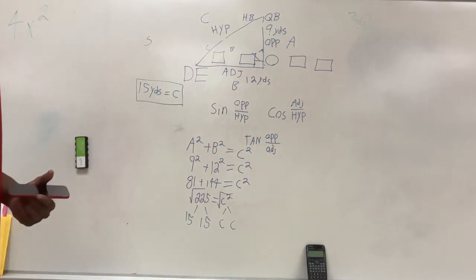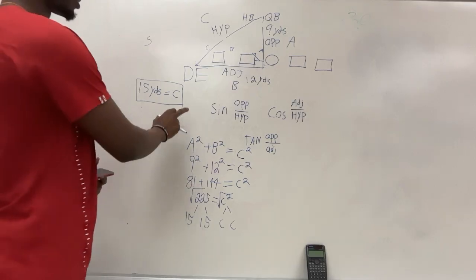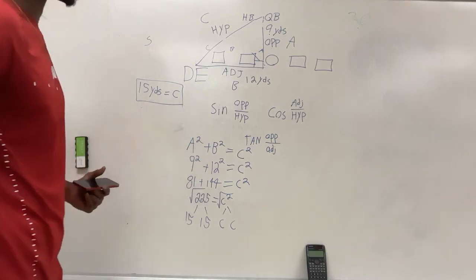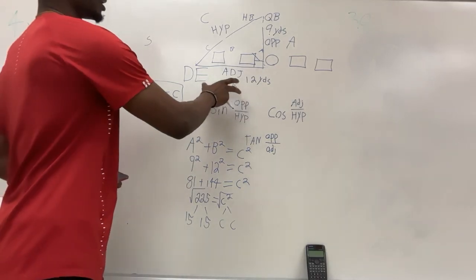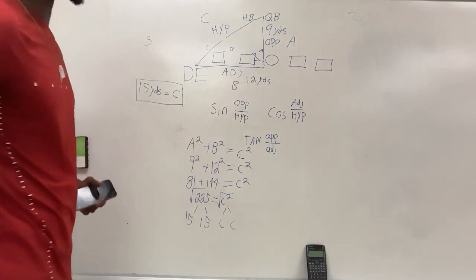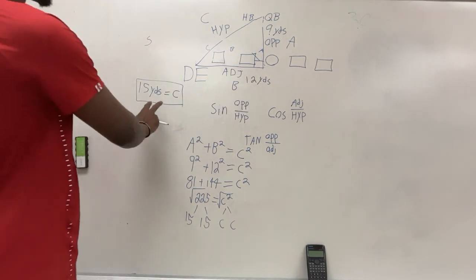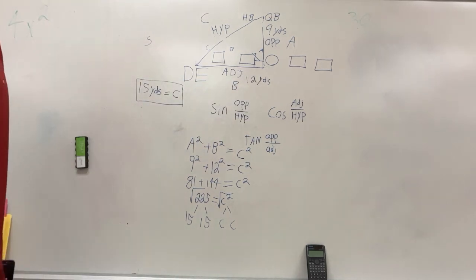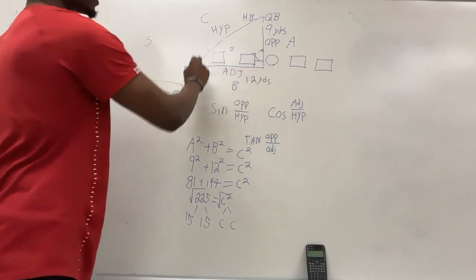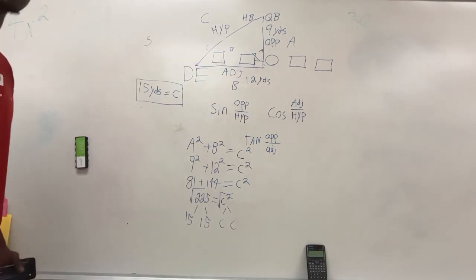It's got to be my longest side. But it's only slightly longer than my adjacent side, which is 12, which makes sense that this is 15 yards. So we got a 9, 12, 15, which is perfect.